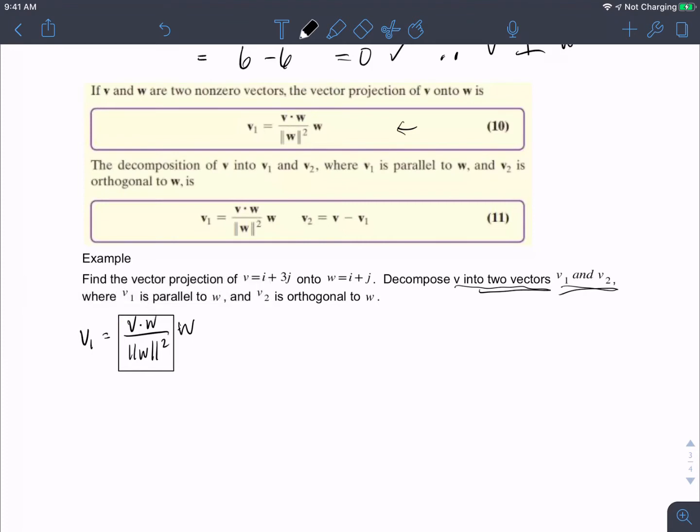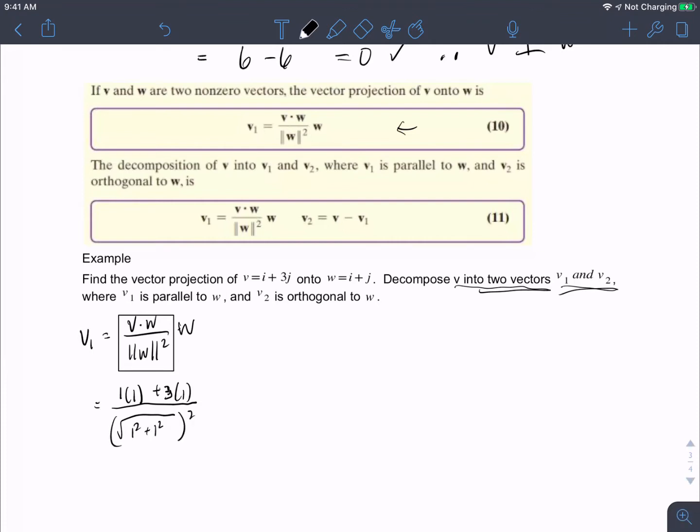To do that piece, I'm going to take the dot product. The dot product of these is going to be 1 times 1 plus 3 times 1, over the magnitude of w. That's the root of 1 squared plus 1 squared, but then it says to square that.